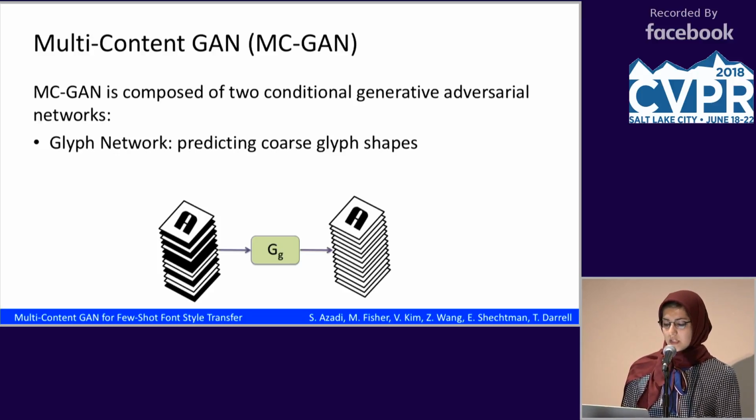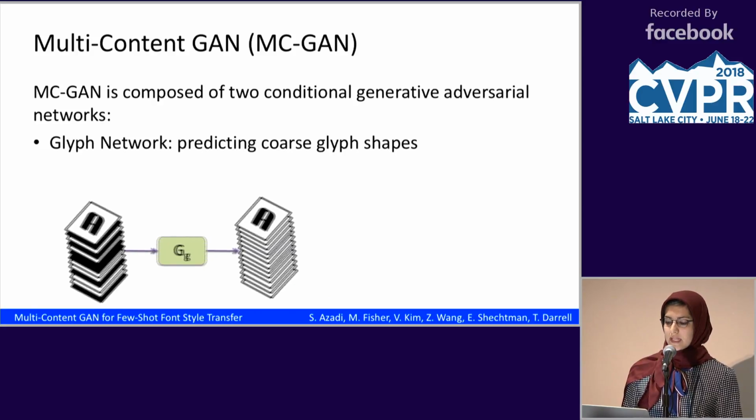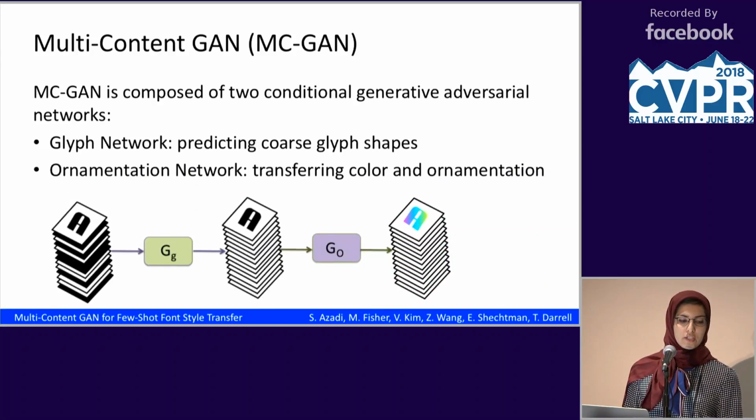So with this novel glyph stack design, correlation between different glyphs is learned across network channels in order to transfer their style automatically. The second network, called the ornamentation network, is designed for transferring color and ornamentation of the observed letters to the grayscale glyphs generated by the glyph network.